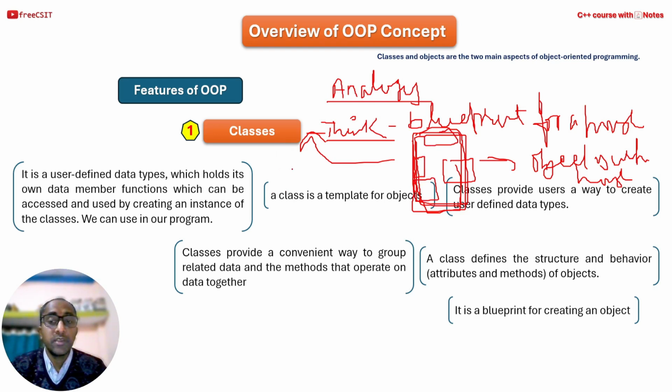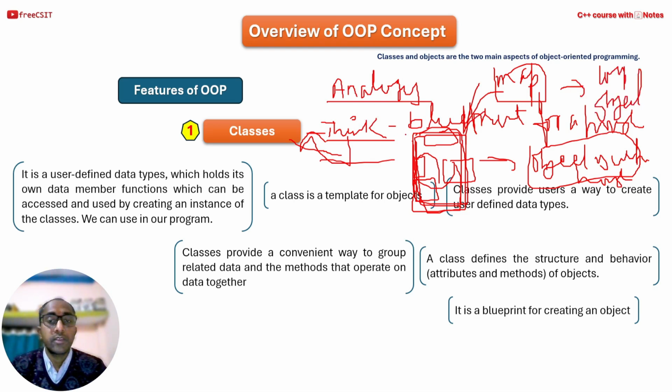All these things should be defined in the class. But the object is the actual tangible entity to interact with. The object becomes the actual house built from the blueprint. It is just like a map. Everything will be there, but the completed house is the object. So this is the analogy you can understand.